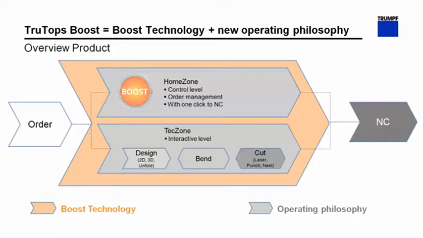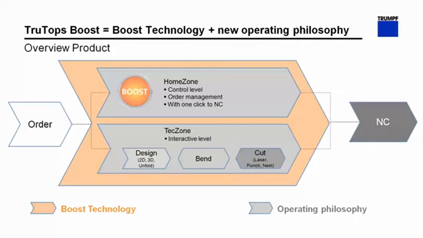You're able to correct any corrupt CAD data and import all the major CAD formats. Another advantage is that you can interactively change or adjust the automatically generated technological solutions, and that's everything within the TecZone level.